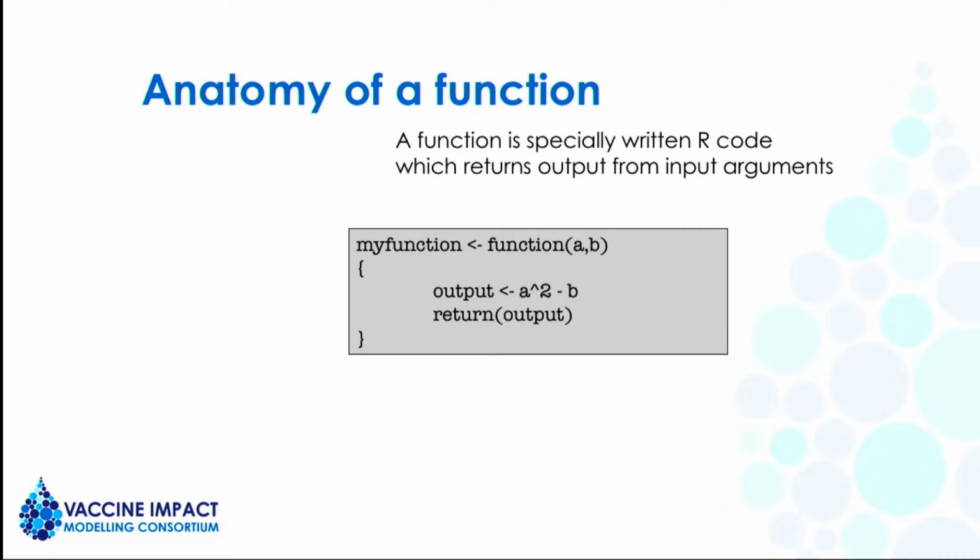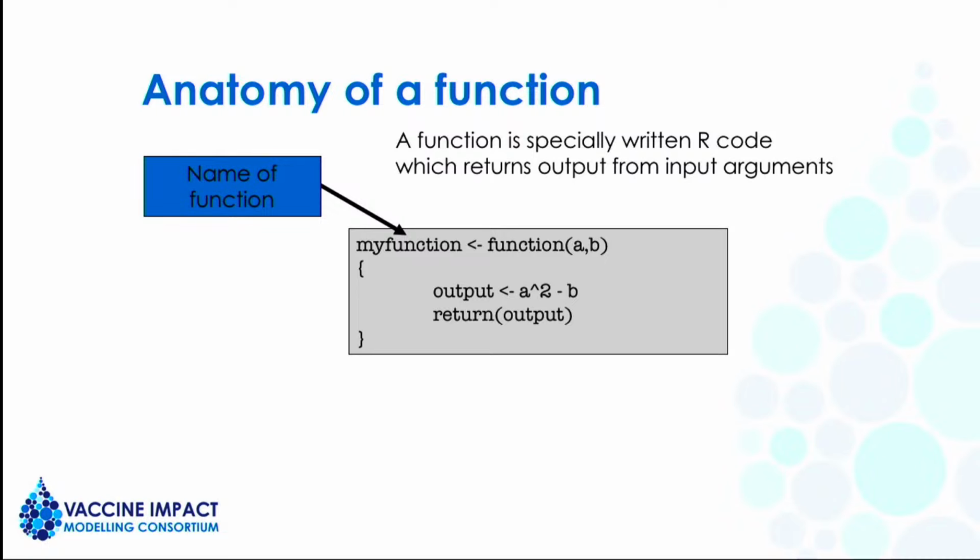Essentially, though, it's just a little bit of code that's written in a special way so that R can treat it in a special way. Looking at the anatomy of a function definition, we give it a name, which can be anything we like. There are obviously some very poor choices of function names, like for, ls, while. All of the keywords in R are best avoided.